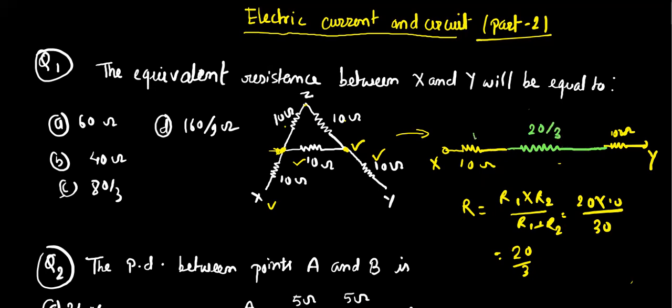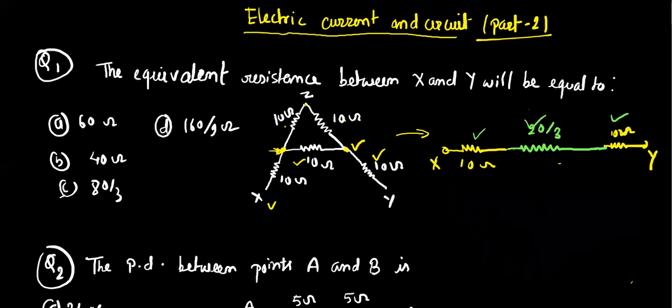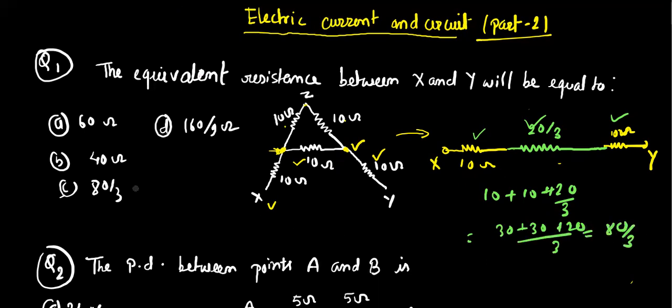Now these three resistances are in series, that's why we can directly add all of these values, so the equivalent resistance will be 10 plus 10 plus 20 by 3. If you take the LCM, it is 30 plus 30 plus 20 by 3, and its value is 80 upon 3. So our answer is option C.